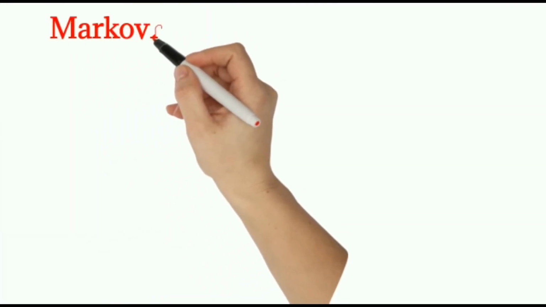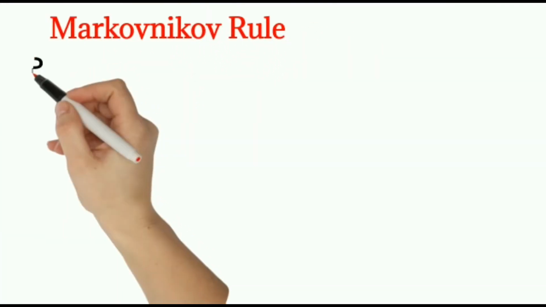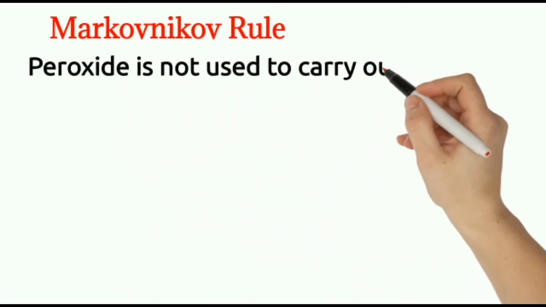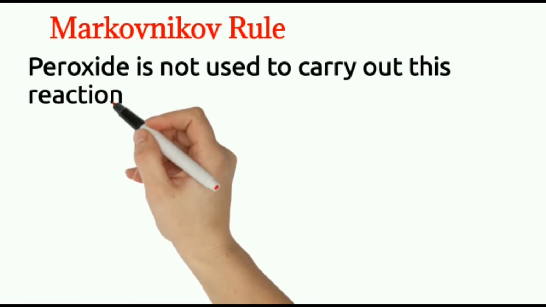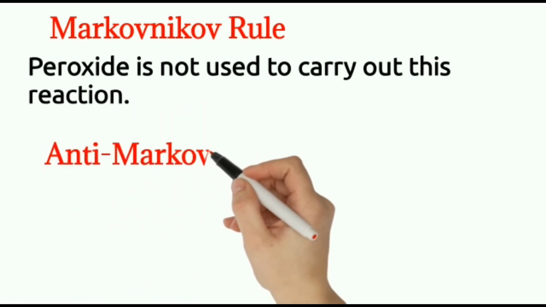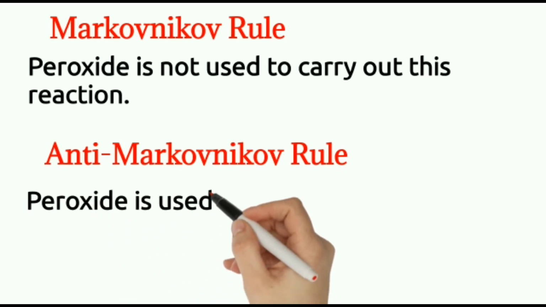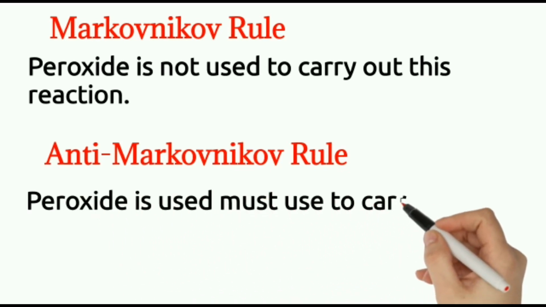Third difference, for Markovnikov's rule, peroxide is not used to carry out this reaction. Now, for anti-Markovnikov's rule, peroxide must be used to carry out this reaction.